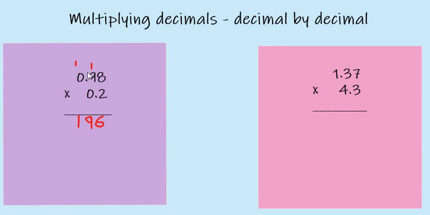That's 1, 2, 3. That means in our answer, we should have 3 digits to the right of our decimal point. When we're multiplying, we count the total number of digits behind the decimal point.